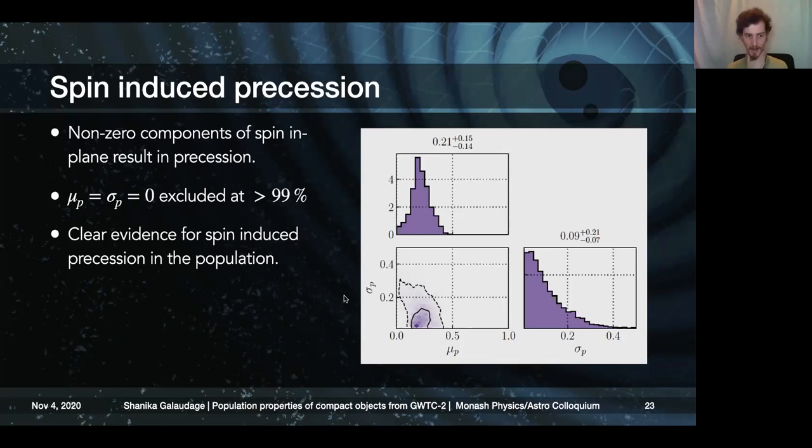Thank you. I was going to ask, as an outsider, why is the existence of precession exciting? So part of it is, well, why is it exciting to me? For me, it's more just we're able to see these effects that were predicted, right?